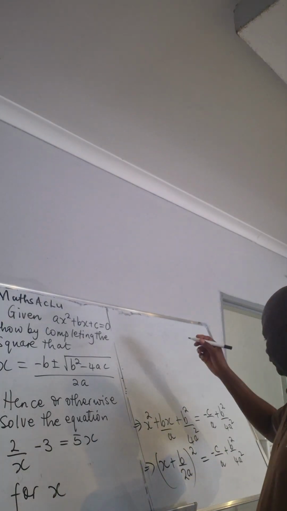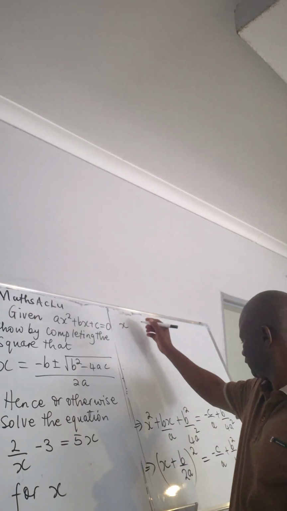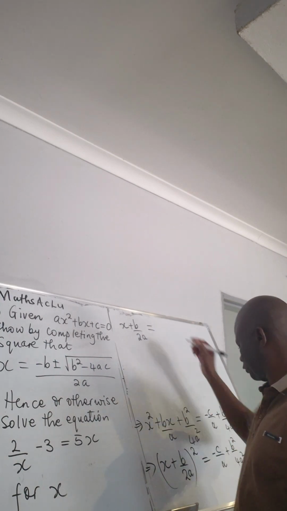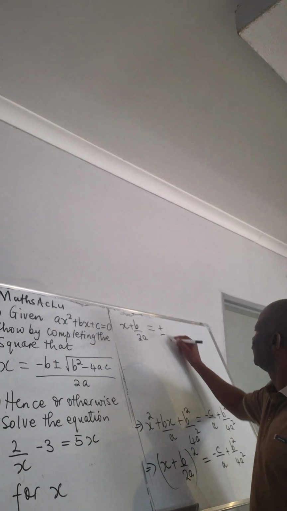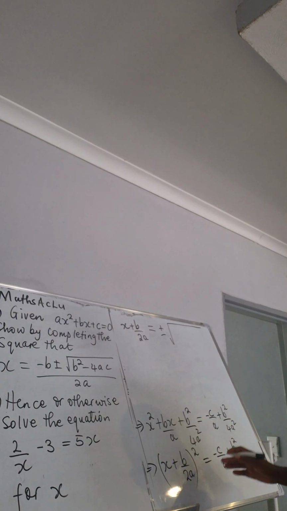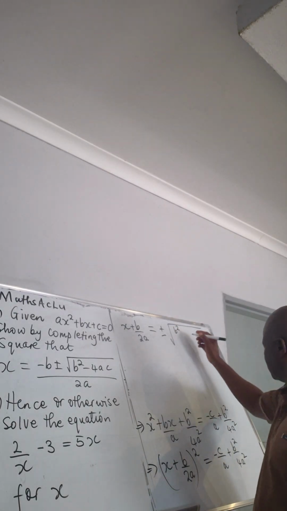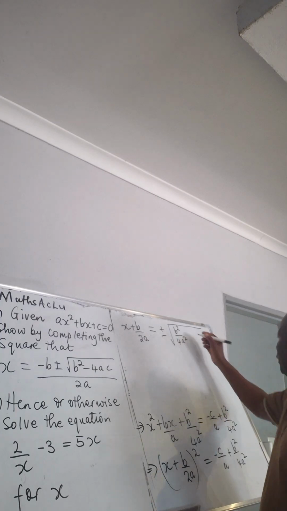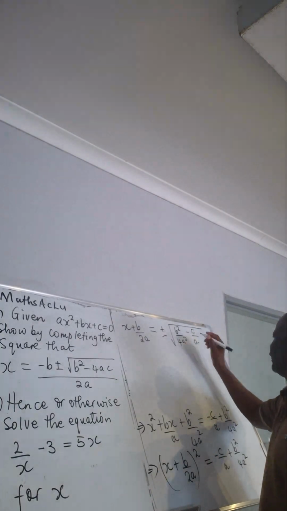So we are going to say the square root of the left-hand side is x plus b over 2a. So that is going to be equal to plus or minus the square root of the right-hand side. So this side, instead of writing minus c over a, we can write b squared over 4a squared minus c over a. We can write it like that.